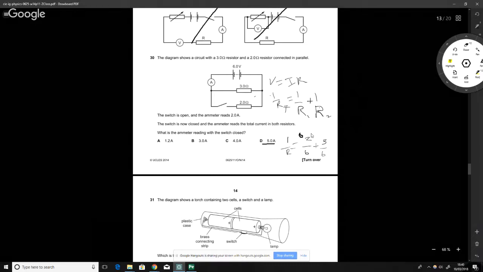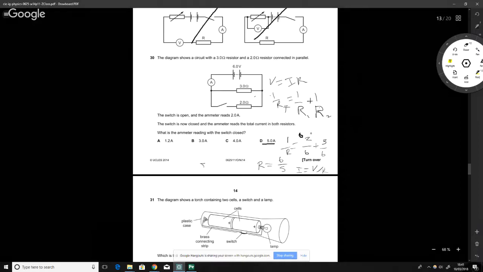We add those up, so we get 5 over 6. So the resistance is 6 over 5. And we know that V equals IR, so we rearrange that to get I on its own. So I is equal to V divided by R. Then we're going to get D, because the 6's are canceling.